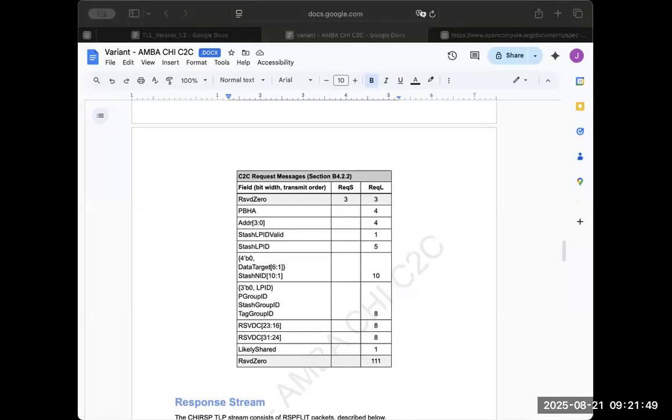We don't know anything about that, I guess. Normally. Yeah, I guess that's something I need to sort out on the C2C, how the credits are handled. Maybe. I'm not sure.